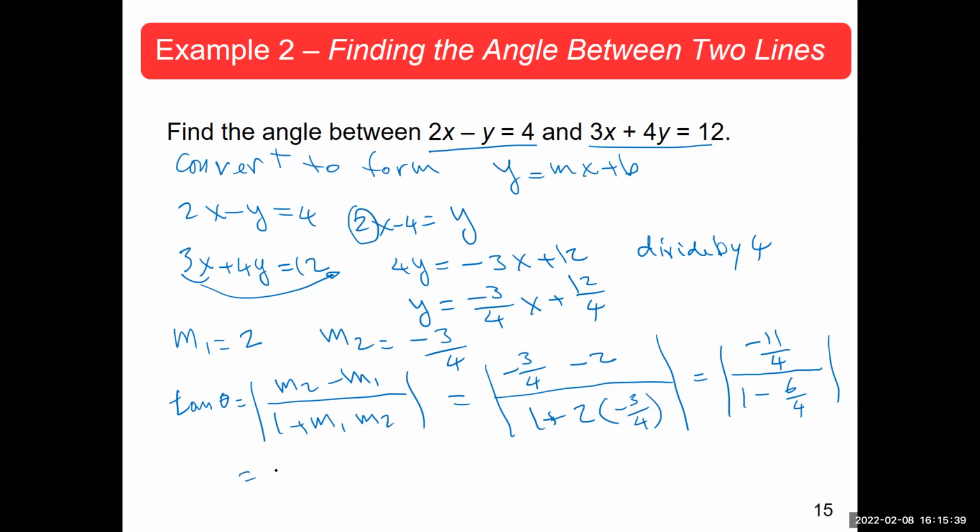So this thing is equal to negative 11/4 over 1 minus 3/2, what's the answer? 1 minus 3/2, we're going to get negative 1/2. So this is going to be 11. Now theta should be tangent inverse of 11.